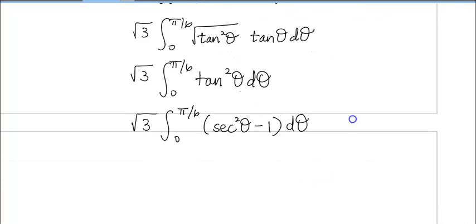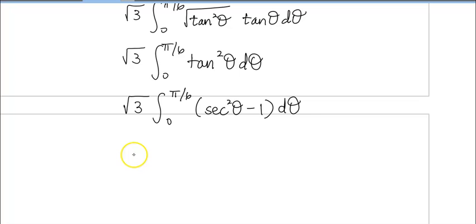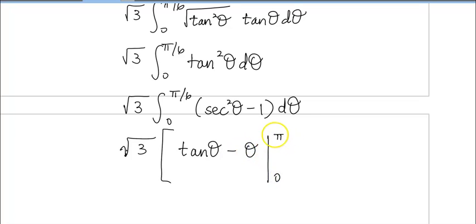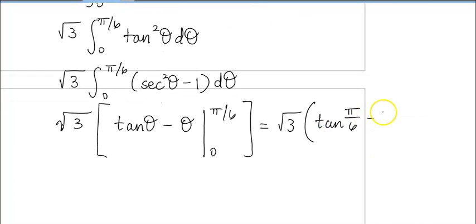I do know how to integrate each of those terms. I do know that the integral of secant squared is tangent, because the derivative of tangent is secant squared. And I know the integral of 1 is theta. And I will evaluate this from 0 to pi over 6. So we still have that coefficient of root 3 out in front. We apply our upper limit of pi over 6.